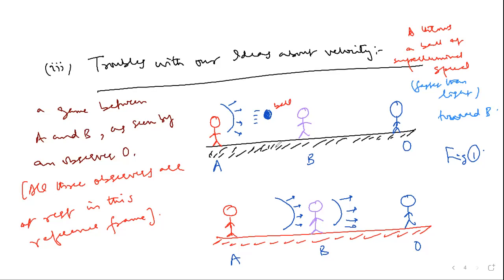Now the light signal carrying the wave. Let me first write it here. This is light signal showing A throwing ball.